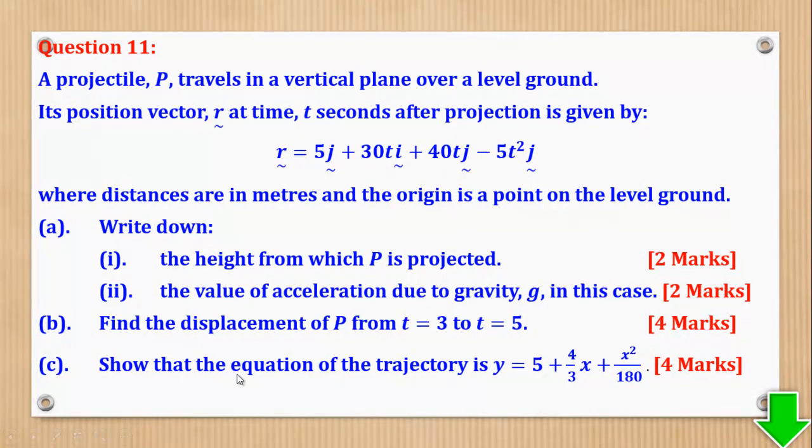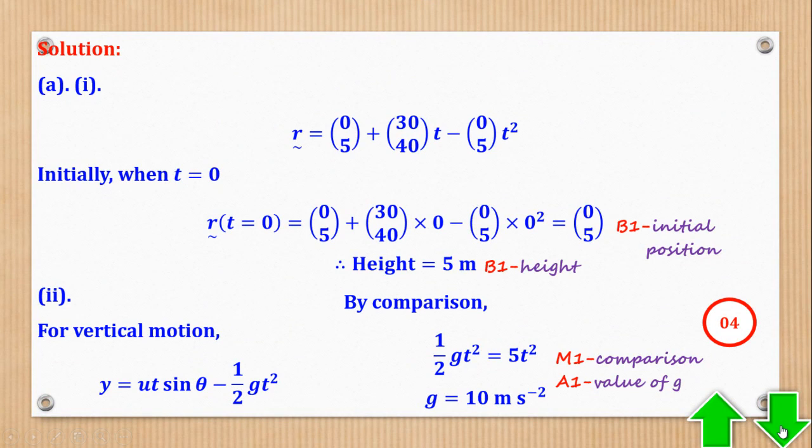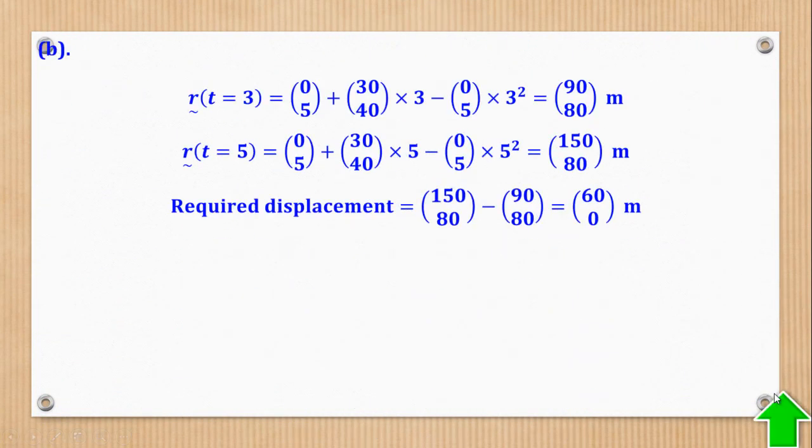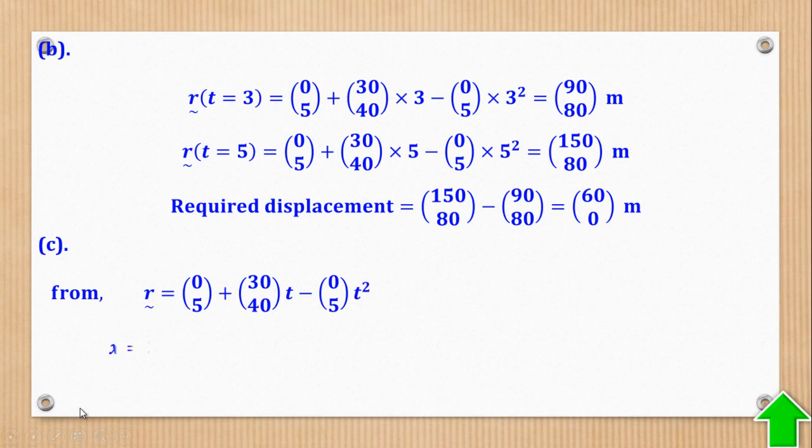Then part C, show that the equation of trajectory is given by this. So from that expression, remember r is xy, so x is this upper part here, which is 30t, implying that t is that.